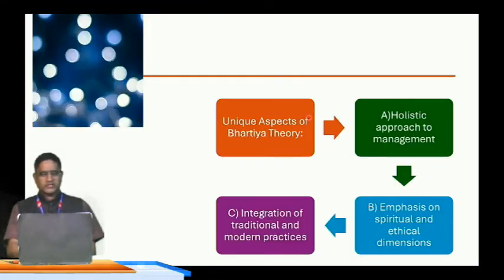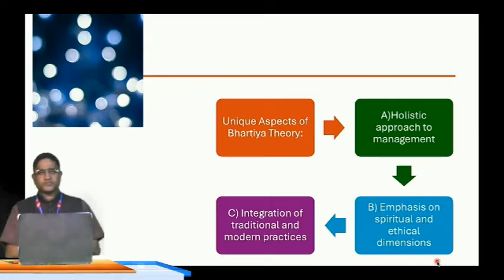What are the unique aspects of the Bhartiya theory? The first is the holistic approach to management. That would be overall development among the executive levels, the managers, the decision makers, the directors or the CEO. Second would be emphasis on the spiritual and ethical dimension.